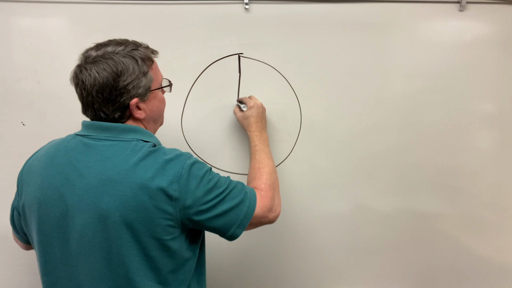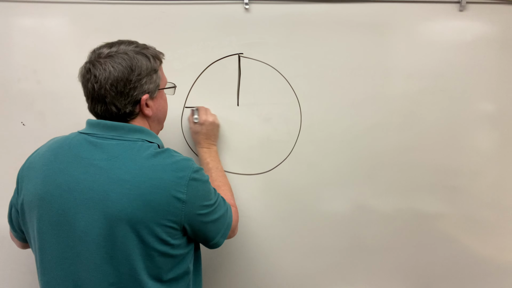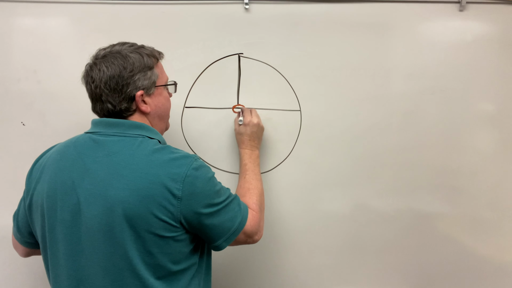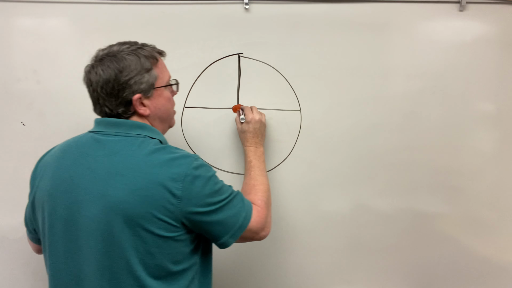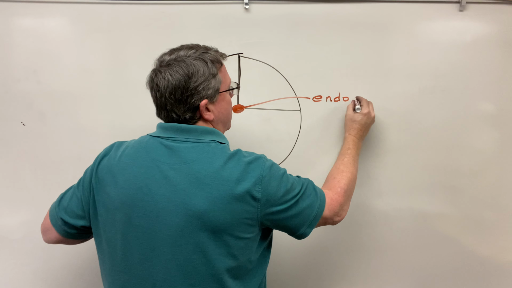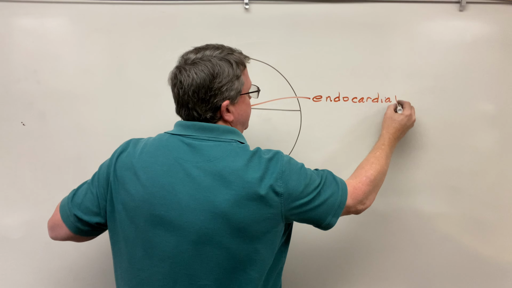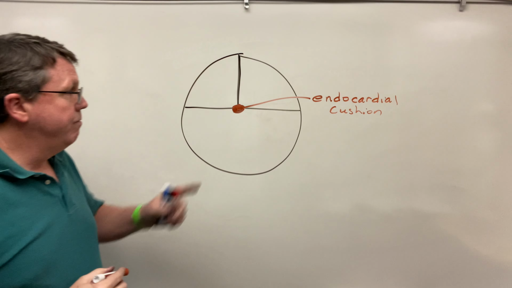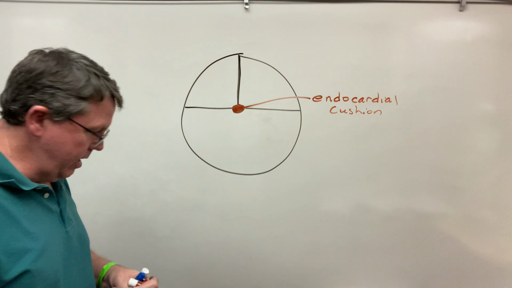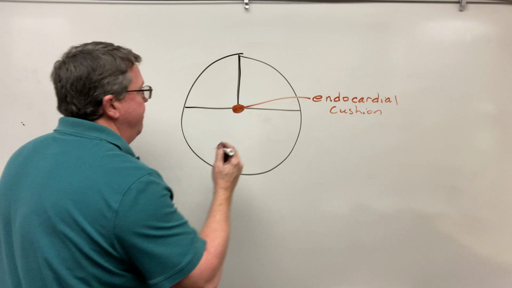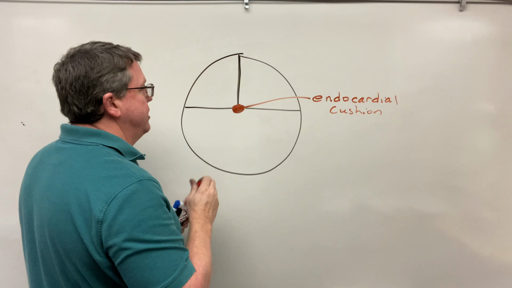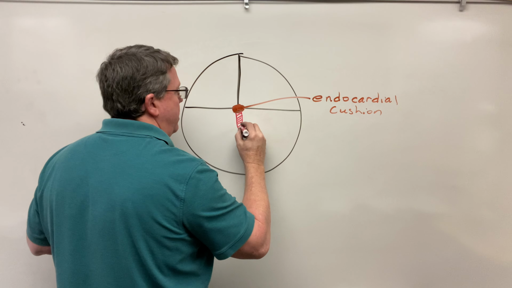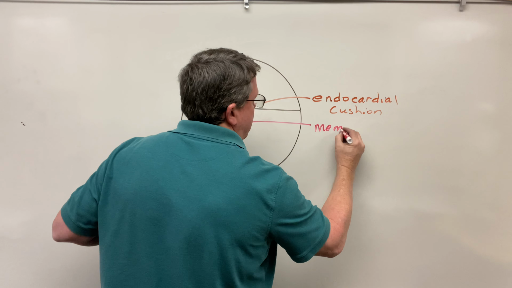Basically, I'm going to start forming my atrial septum, and I'm going to start forming the valves. In the center right here, we have something that is called the endocardial cushion. The endocardial cushion just helps in the formation of the heart. Now, coming off the endocardial cushion, I am going to have a membrane that starts to grow down this way, and we call this the membranous region.